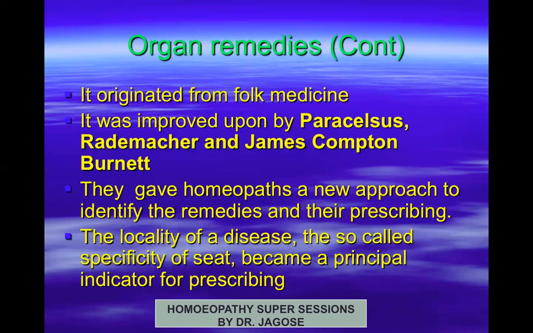It originated from folk medicine. It was improved upon by Paracelsus, Rademacher, and James Compton Burnett. They gave homeopaths a new approach to identify the remedies and their prescribing. The locality of the disease, the so-called specific seat of disease, became a principal indicator for prescribing.